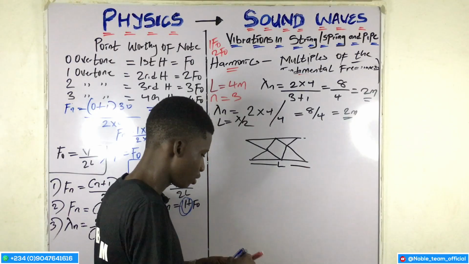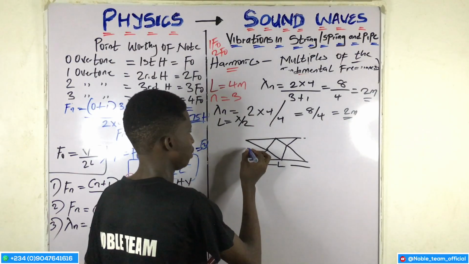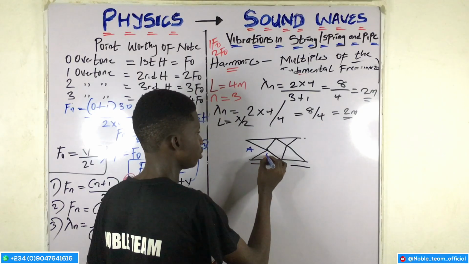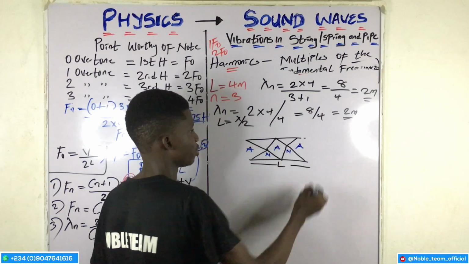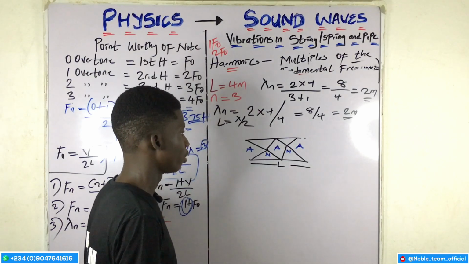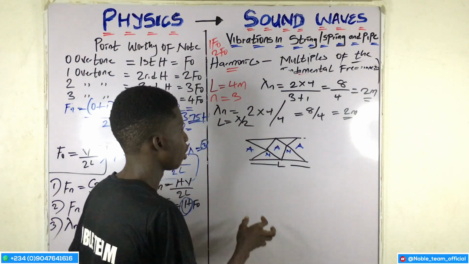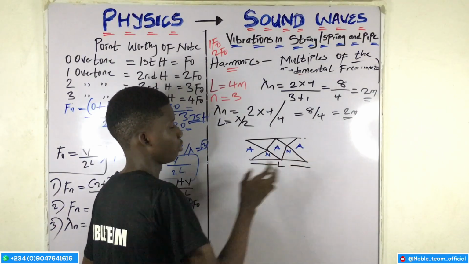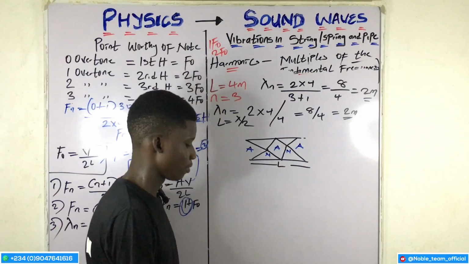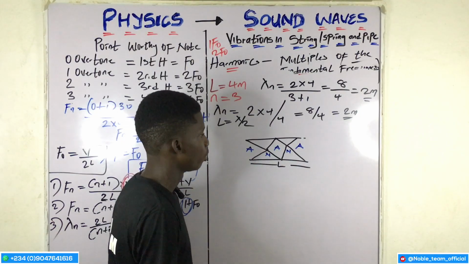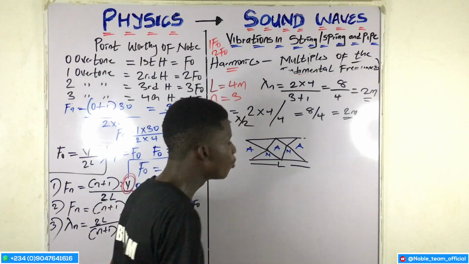But before that, remember that this is your antinode. This is your node, and this is your antinode. Okay, good. And in an open pipe, let me leave it, because I'm going to explain it.